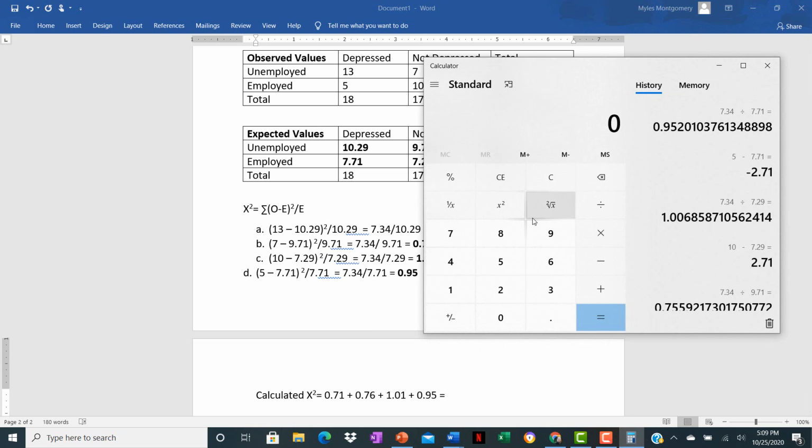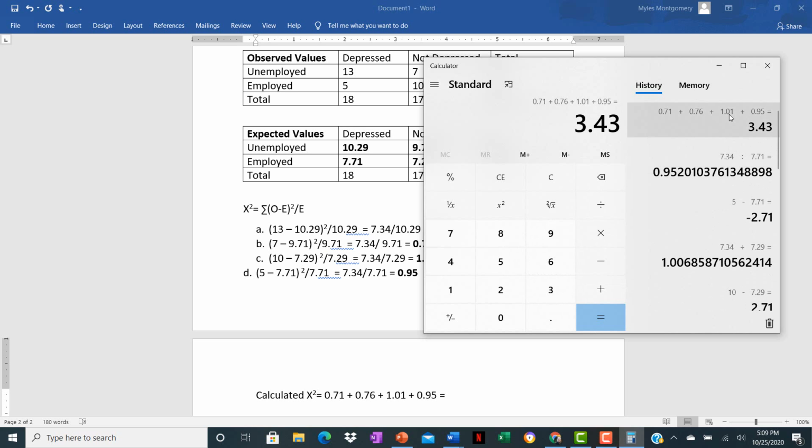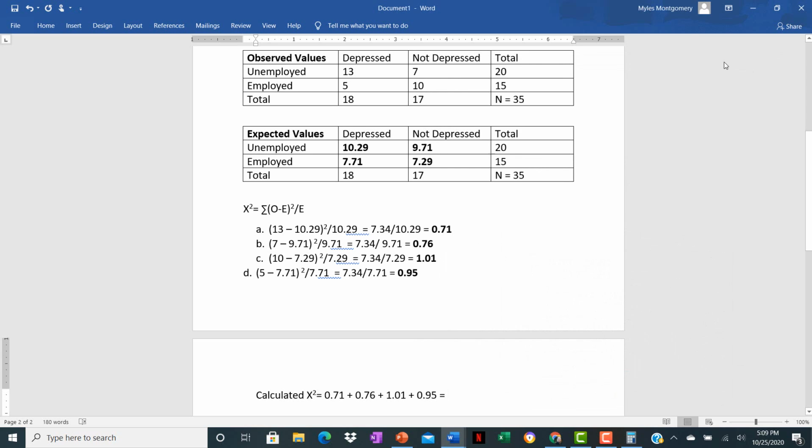The calculation will be 0.71 plus 0.76 plus 1.01 plus 0.95, which is 3.43. Okay, so we have our calculated value now, and our calculated value will sit here.